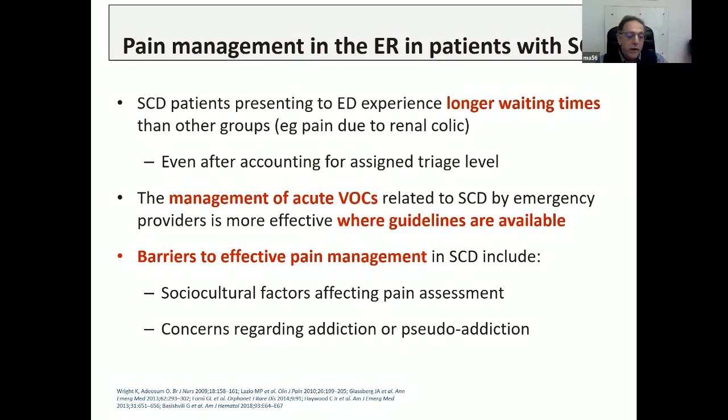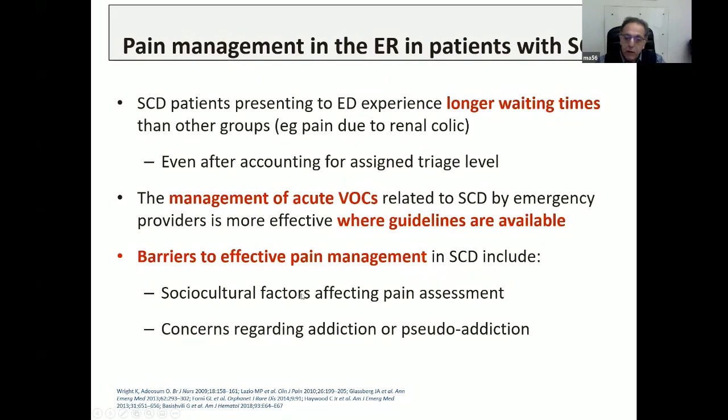It will be very nice to have the guidelines for IV doses of morphine, but what about a hospital where morphine is not available? It's rare in most countries, but it happens in some, and these need to be really evaluated. Also, in a multidisciplinary manner, barriers to effective pain management need to be looked at.